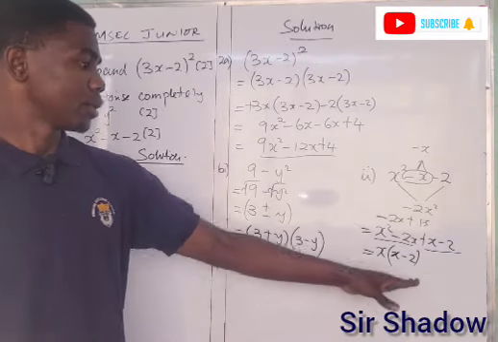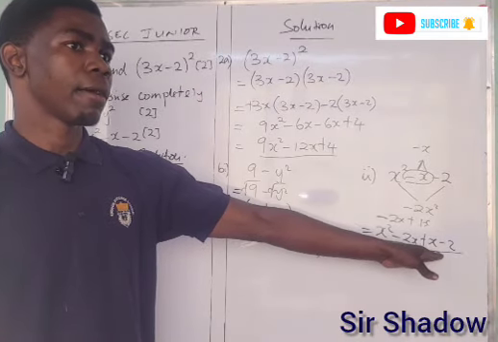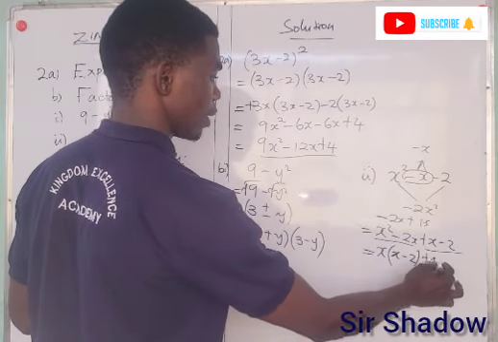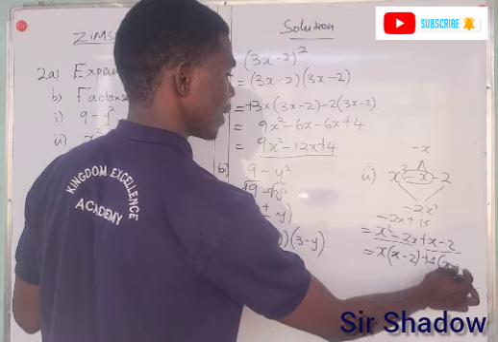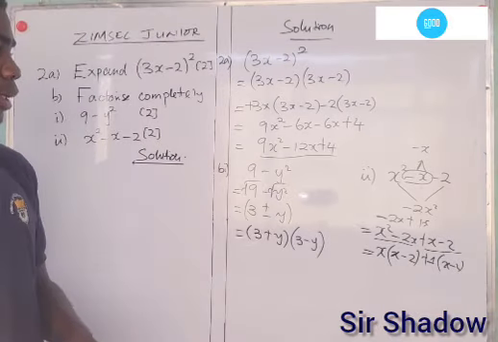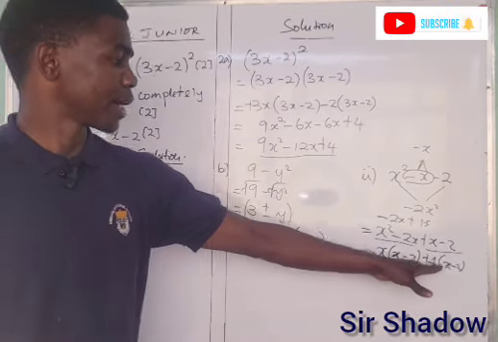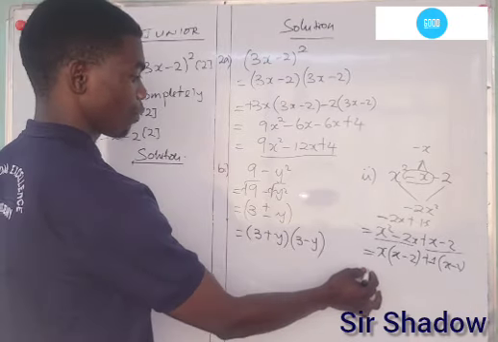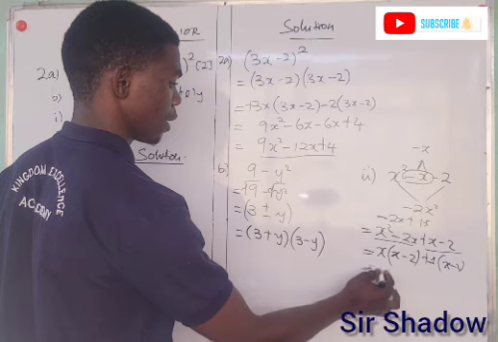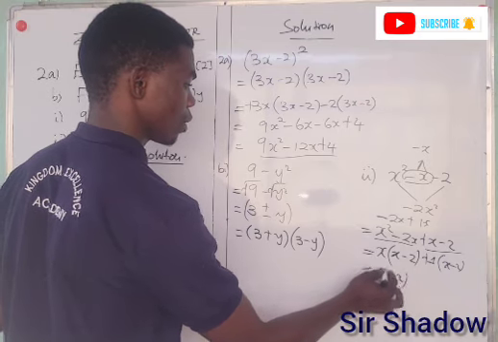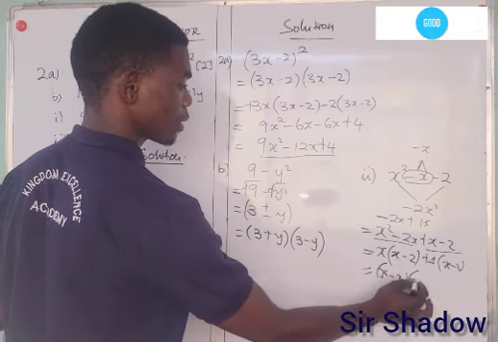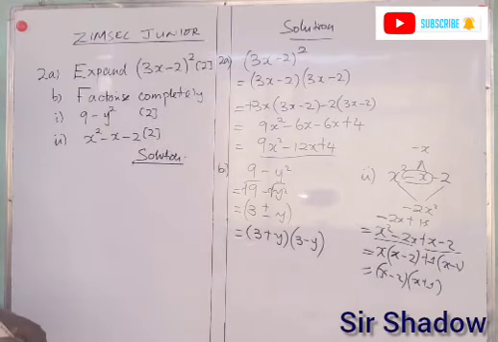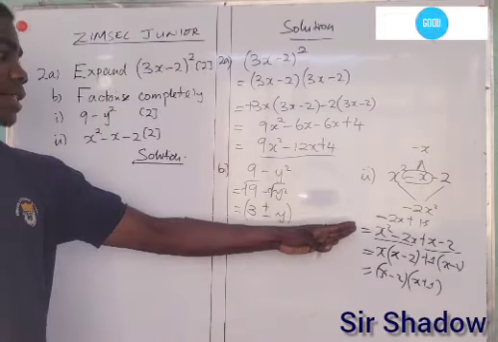And what's common in this one is plus 1, left with x minus 2, right? Then since these brackets, x minus 2 and x minus 2, are equal, we take one of them. It means x minus 2, then x plus 1. So this is how to factorize completely using the first method.